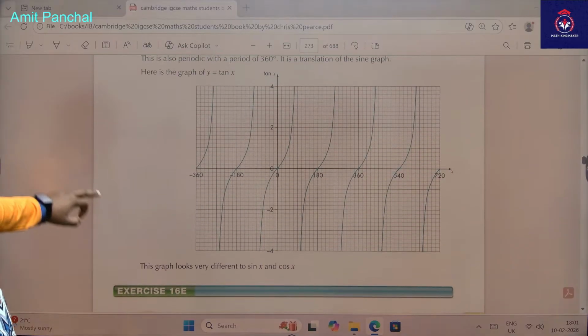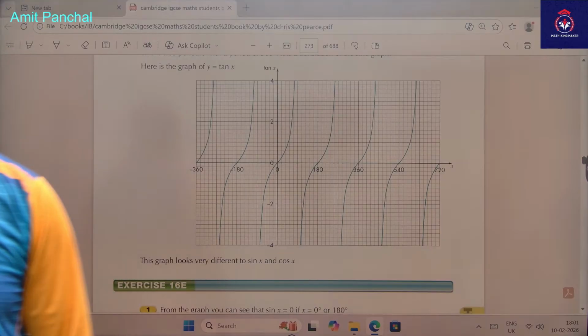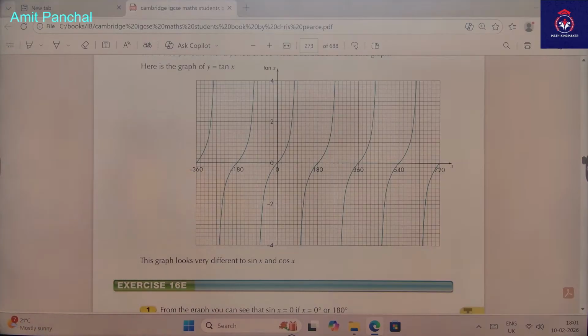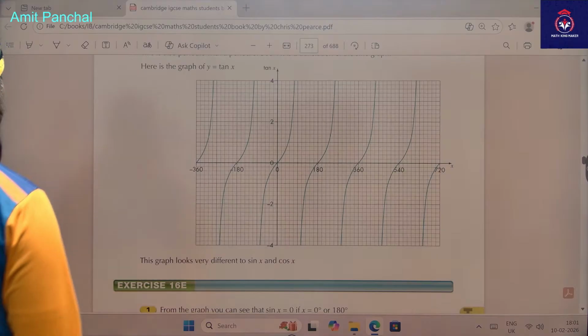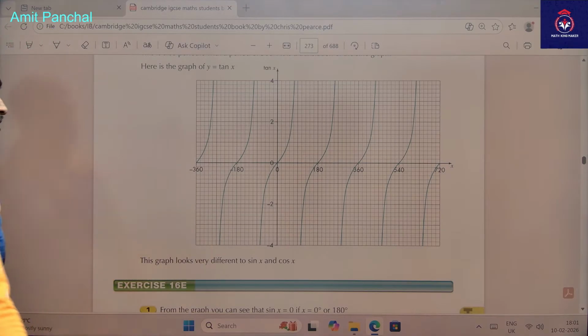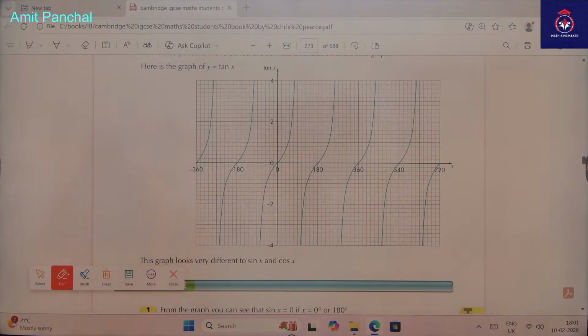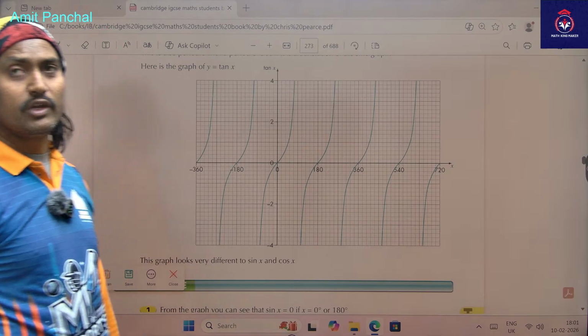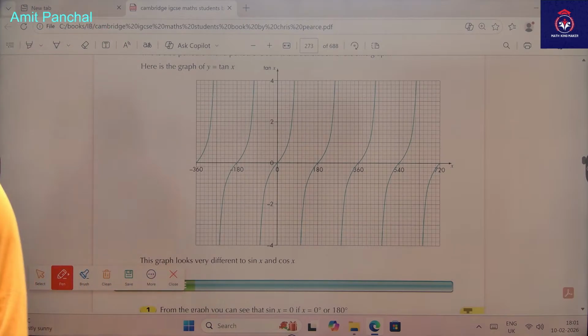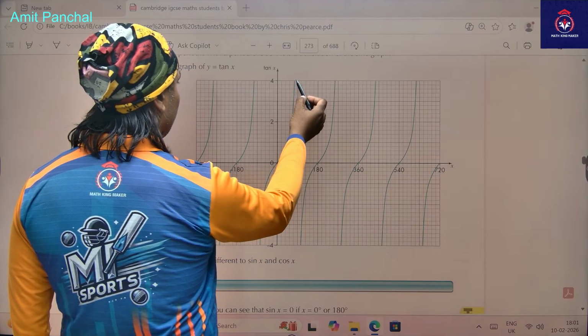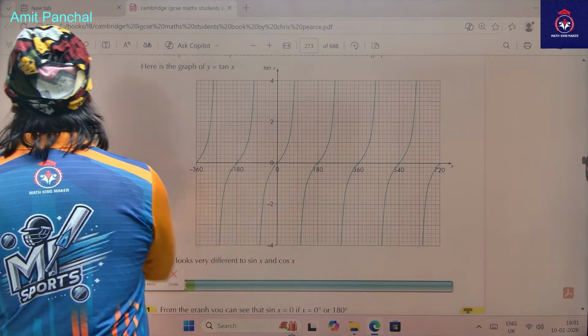Now the tan graph. The tan graph is different because of tan 90. Just calculate tan 90. You get an error, which means it is undefined. So at 90 degrees you are not going to have a value.